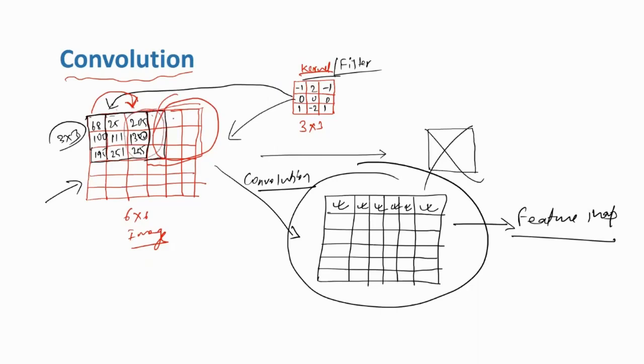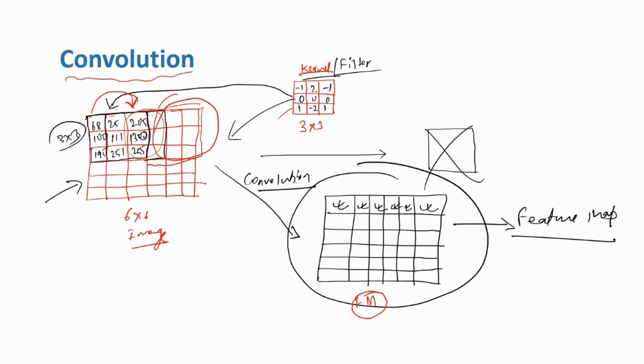So the step we move, we have something called stride, which basically tells you the number of steps the kernel is moved during the convolution operation. And the size of the feature map will be reduced when we increase the stride.